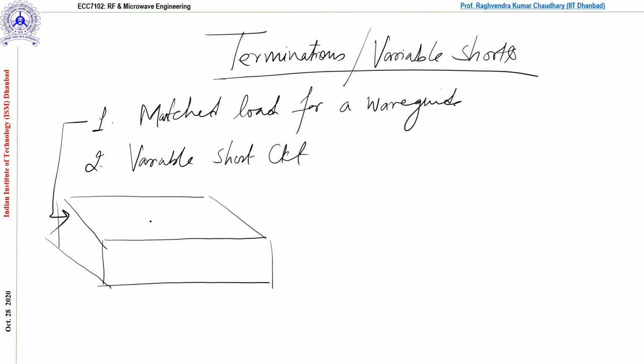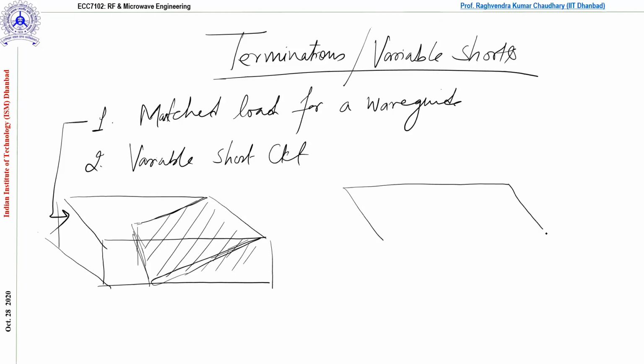So what happens actually? There's a slope inside this. Okay, inside there's a slope, and this slope is made of some material. And in the other case, you have a tapered resistive card.